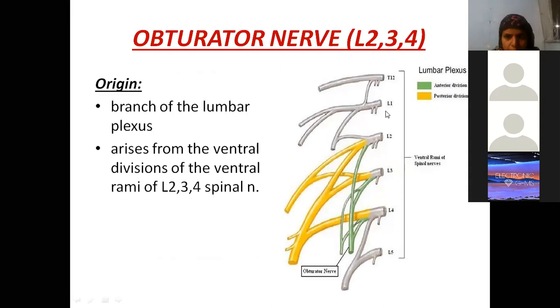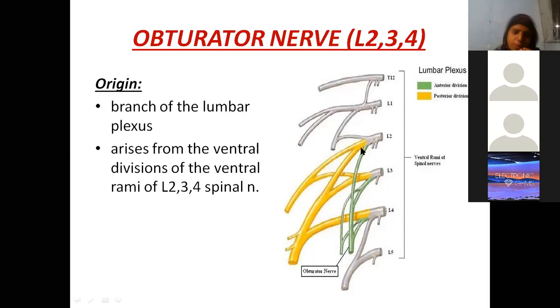Now see here, L1, L2, L3, L4, L5. The ventral rami of all these usually join to form the lumbar plexus. This in green color, whatever is shown here, is the obturator nerve. Origin: it is a branch coming from the lumbar plexus, arising from the ventral divisions.